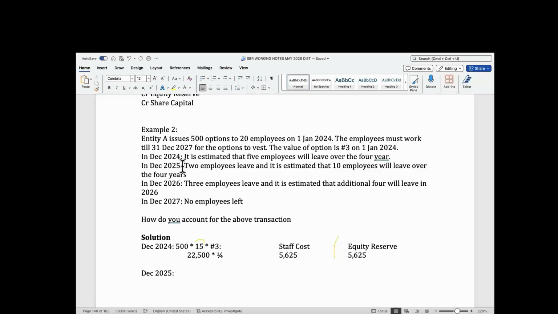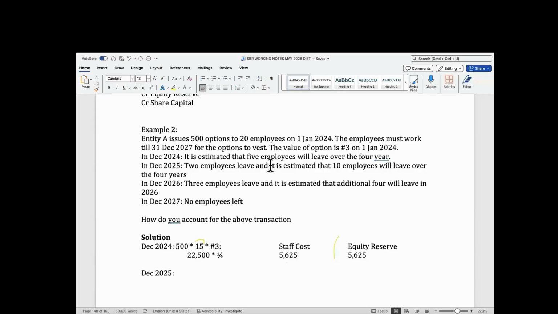What's the estimate of the employees that will get these options at the vesting date, which is 2027, based on this statement? You can tell me. 8. Okay, it's 10. It's 10.